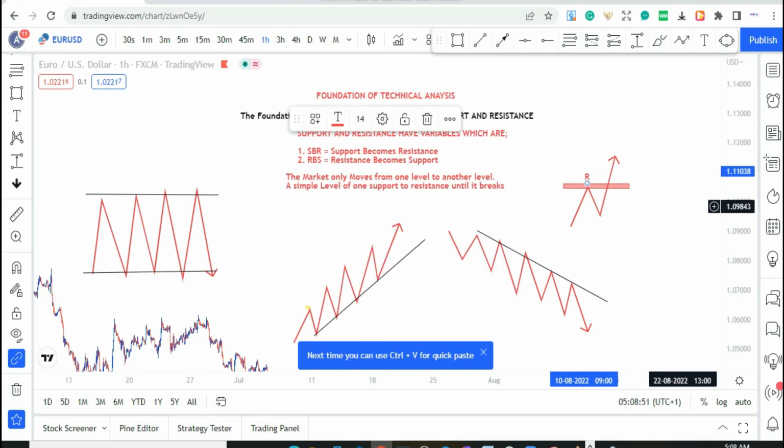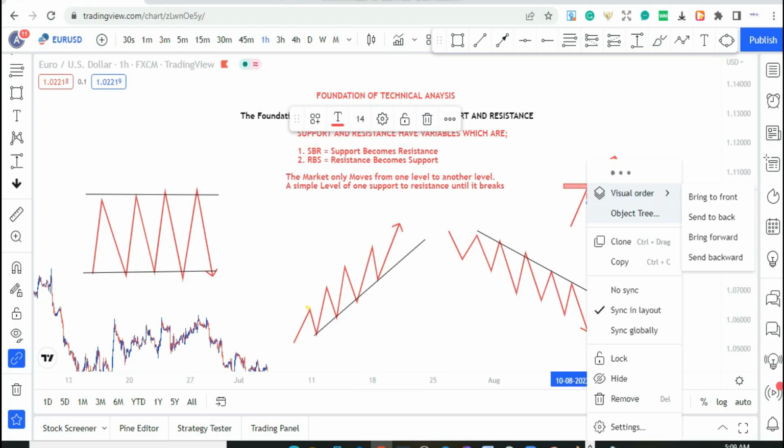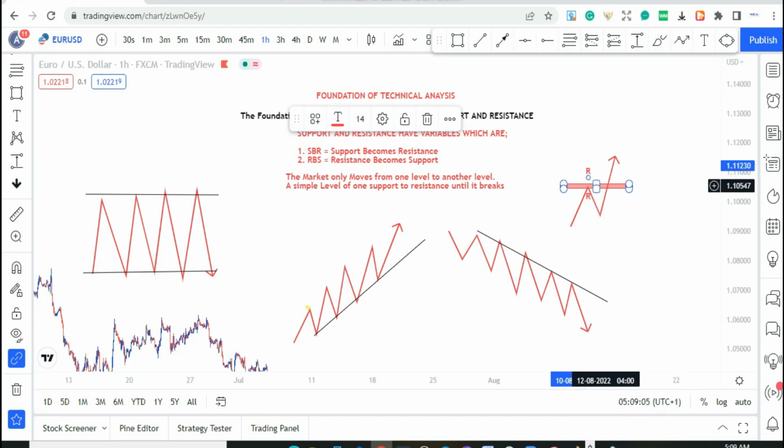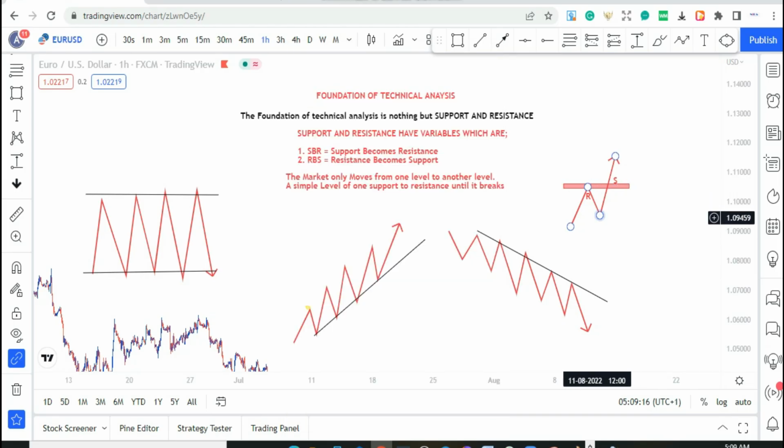This was a resistance, right? This was a former resistance. So let's just clone this and bring it here. Resistance becomes what? Support, provided you see that price has broken an area.